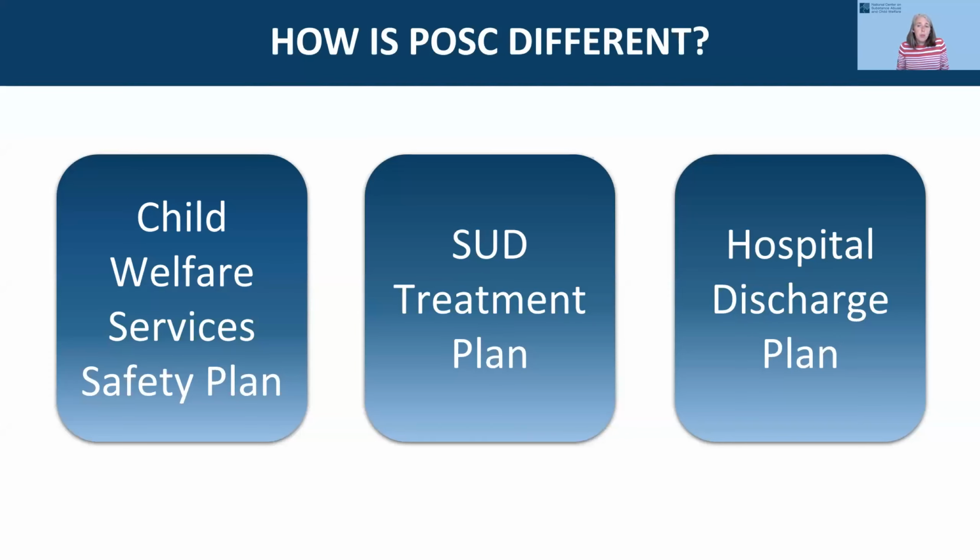If you're not familiar with a plan of safe care, it's different than a child welfare safety plan because it goes beyond safety, it goes beyond SUD treatment needs, and it goes beyond hospital-like health-focused needs. Really, it's a family plan that's supposed to help bridge collaboration so that providers are all talking to one another in support of that family.